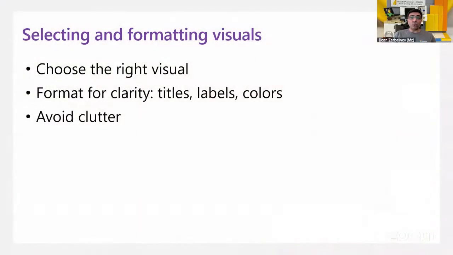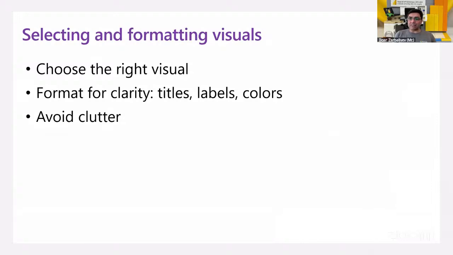First principle of good report design: choose the right visual for the job. A line chart tells a different story than a bar chart, which tells a different story than a table. And picking the wrong one can actually obscure the insight you are trying to surface. Second, format for clarity.